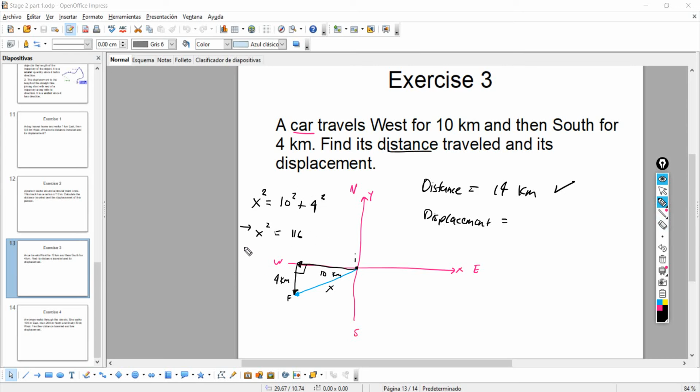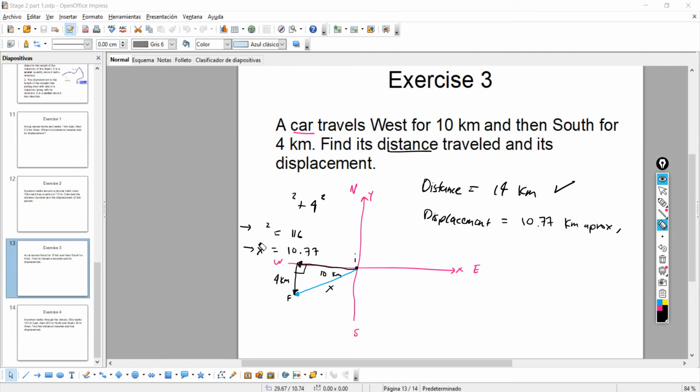And then let's take the square root of 116 with your calculator. You will get 10.77 approximately. So the displacement will be approximately 10.77 kilometers. And in what direction?